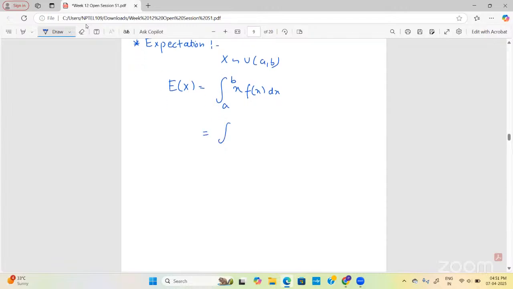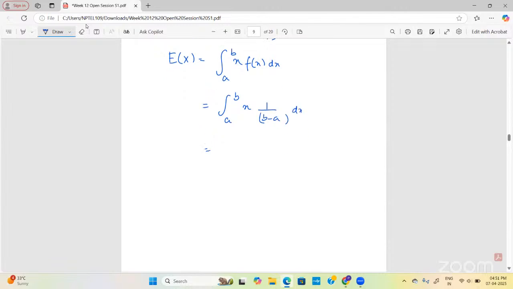Now just integrate this function, put the value. It is X, it is 1 upon B minus A, into dx. So 1 upon B minus A, I can write outside the integration, then it will become X square divided by 2. Limits will be A to B.